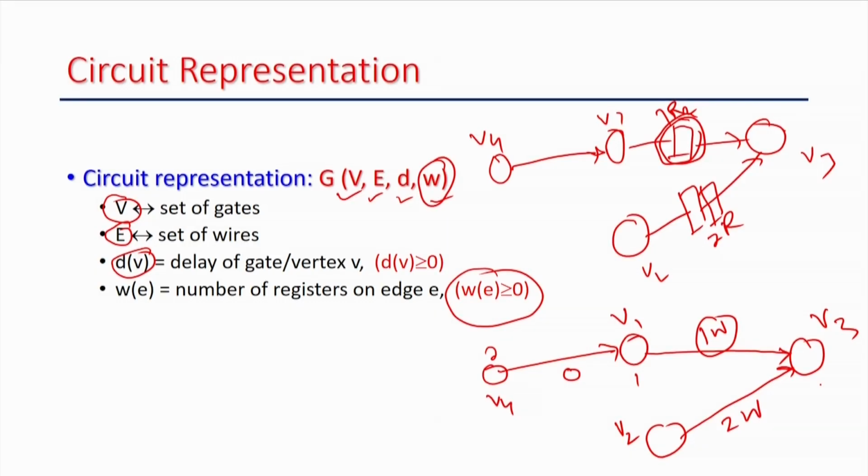For every cell library, for every gate we have an estimation of delay, and that value will be associated with each node. Say the delay of this node is 2, this is 1, this is 5, this is 10. That delay d(V) is nothing but the combinational delay of that particular node. This is how we represent a circuit using a graph.